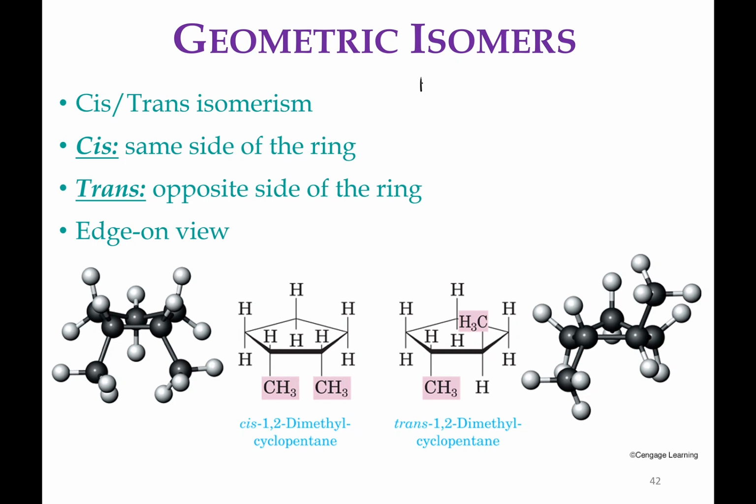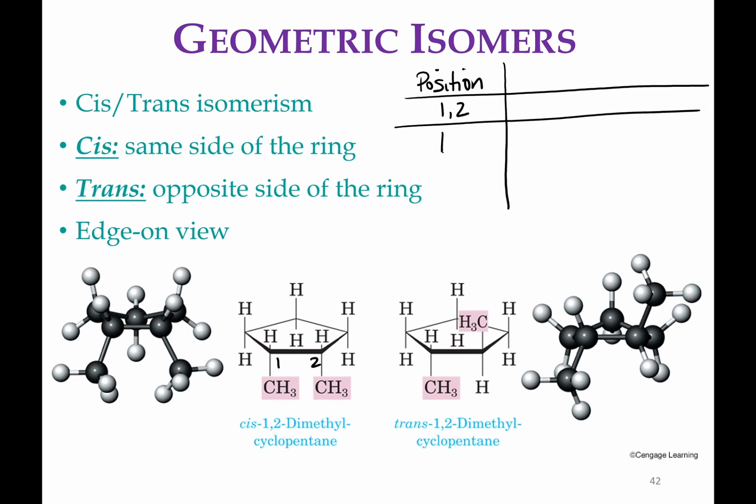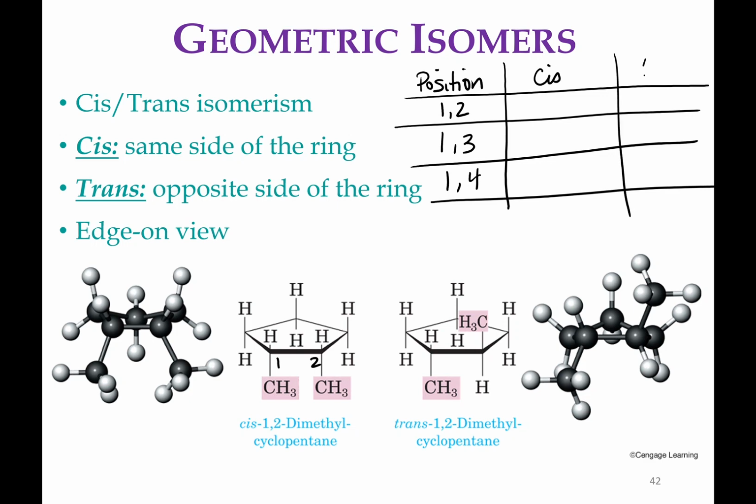So the position on the ring, so this would be in carbon number 1 and carbon number 2. That's the position that those ones are in. So if we have them in 1 and 2, you could have them in 1 and 3, or you can have them in 1 and 4. Anything other than that and your position numbers would change. If you want it to be cis or trans, this is what you need to do. So they can be axial and equatorial.